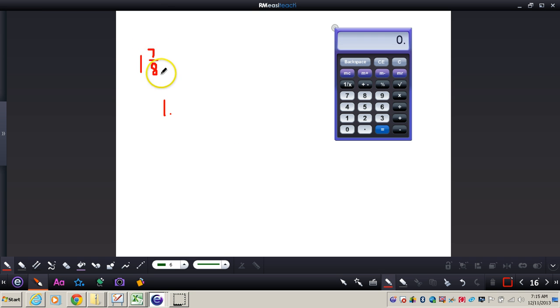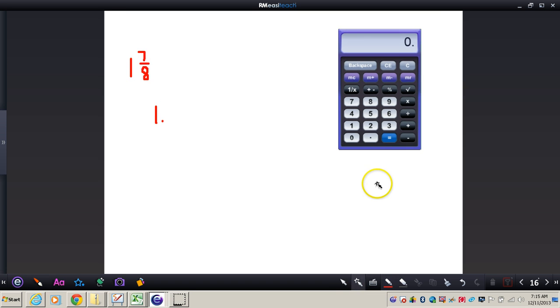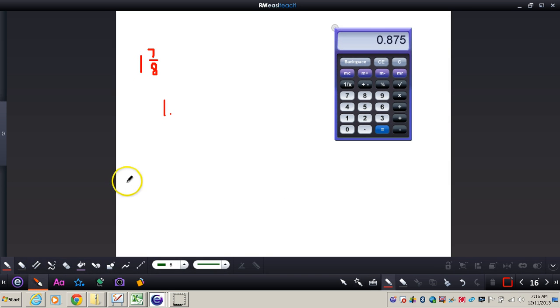And then 7/8, 7 divided by 8, we'll do right on our calculator. 7 divided by 8 is going to equal 875 thousandths. So we write our decimal point and then 875. You can see it's pretty simple. We just divide that numerator by the denominator, and that will give us our decimal.